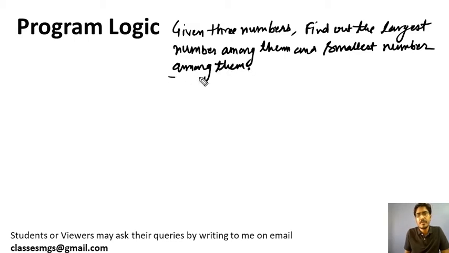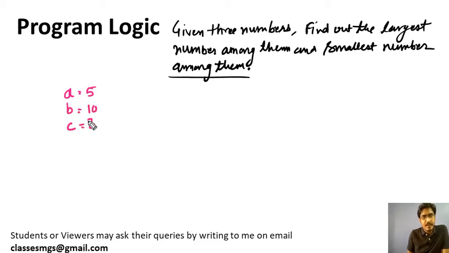First I will give you a brief discussion of what is actually asked. Let's suppose these three numbers are given. Let's suppose A has the value 5, B has the value 10 and C has the value 8.